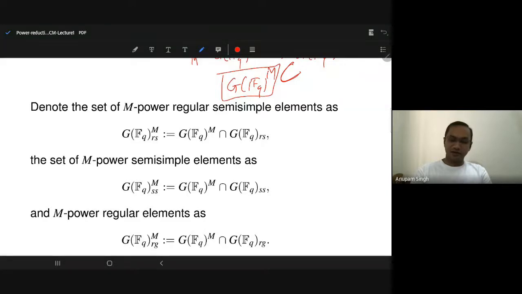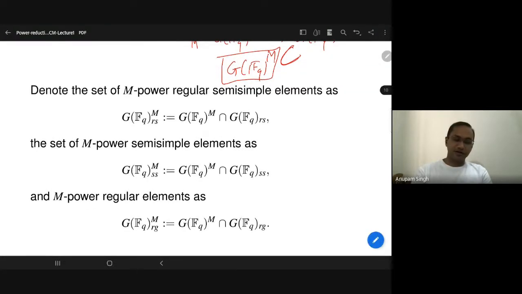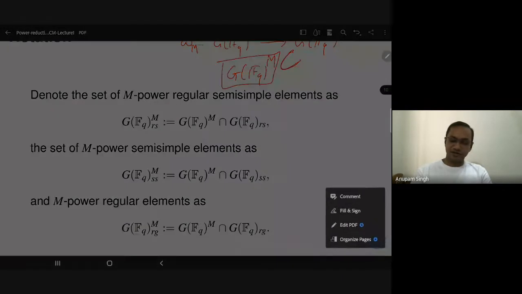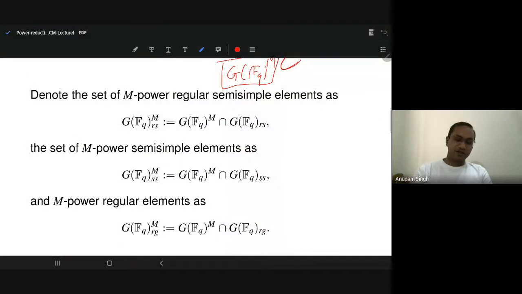And why are these kinds of questions important in combinatorial theory? Basically, these are called probabilistic questions. So, for example, if I look at G(F_q) RS, the set of all regular semi-simple elements, and I look at the ratio with respect to G(F_q), I mean, both are finite quantities because I'm working with a finite group.